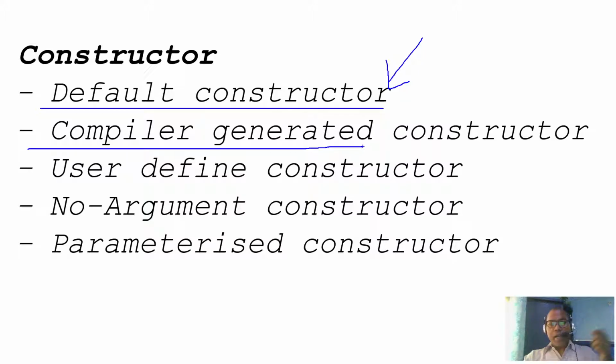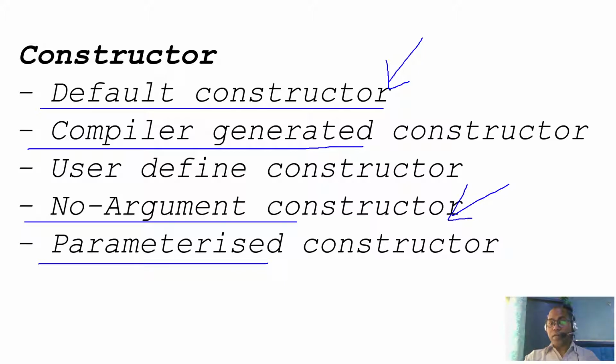But as a user you can also define a constructor, either a no argument constructor or an argumented constructor. Whenever you define your own constructor, the compiler-generated constructor will not be injected in the code. As a user it is your responsibility to define the default constructor and the argument constructor.